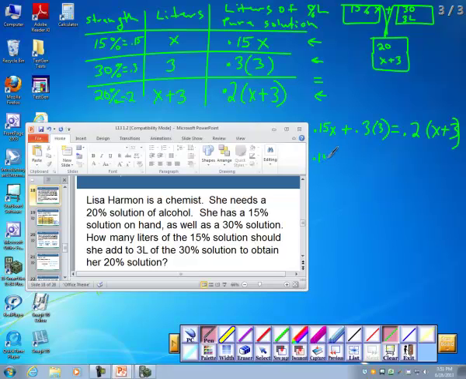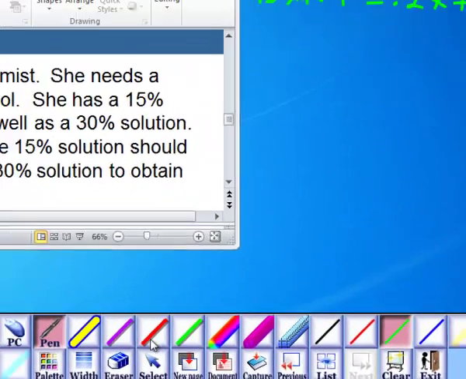So that'll be 0.15x plus 0.9 equals 0.2x plus 0.6. Now if you wanted to, since this is 0.15, you could multiply everything times 100, or you could just leave it as a decimal. So we'll just leave it as a decimal.